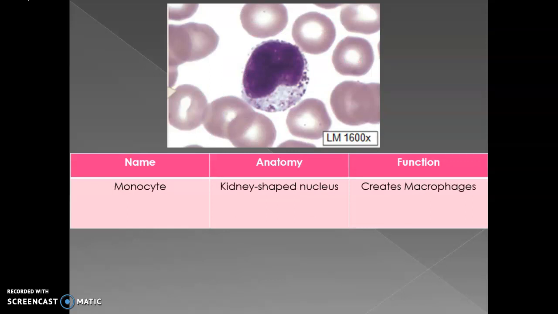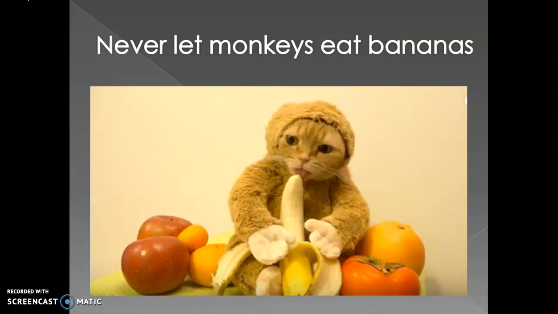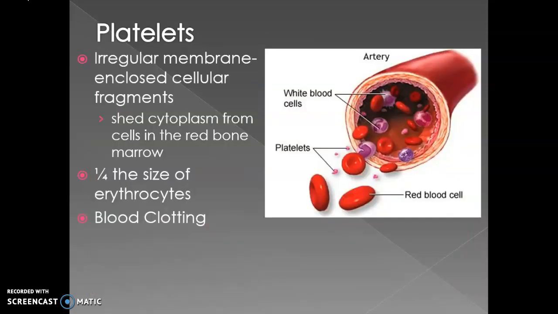Monocytes have a kidney bean-shaped nucleus. It is not bilobed, it's kidney bean-shaped. And the monocyte forms macrophages. The easy way to remember: never let monkeys eat bananas. N for neutrophil, L for lymphocyte, M for monocyte, E for eosinophil, and B for basophil.